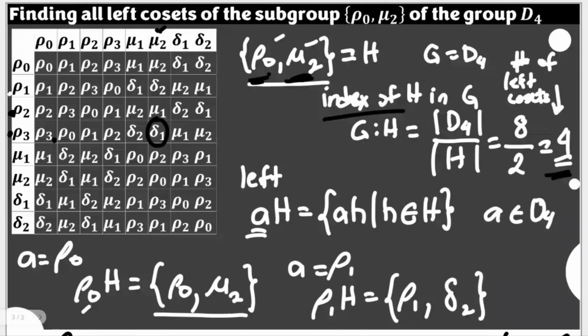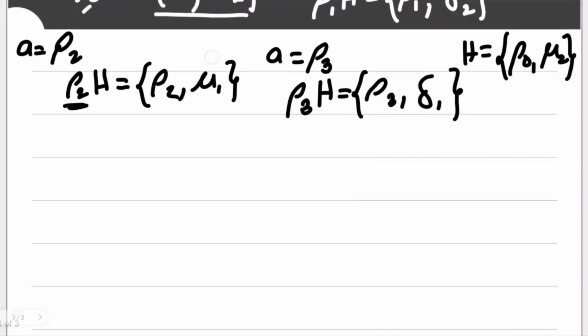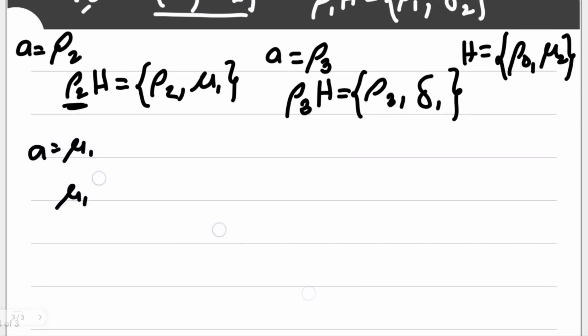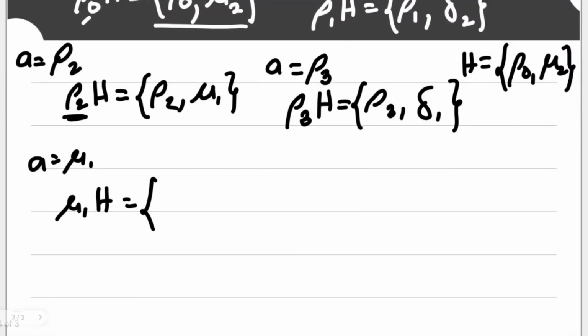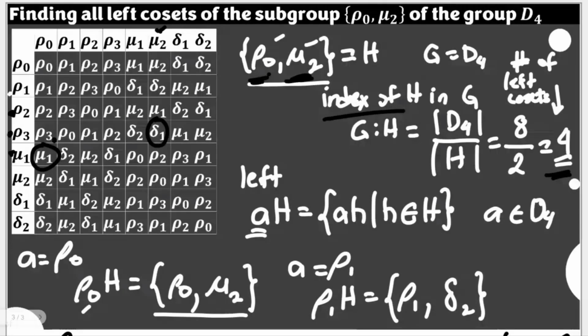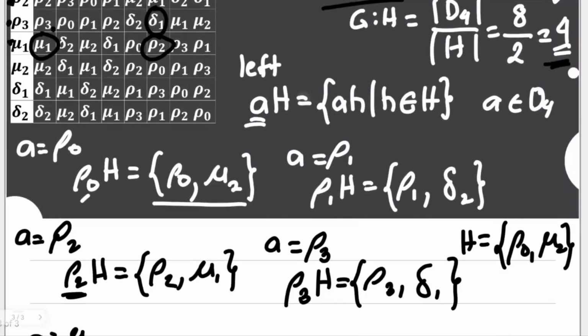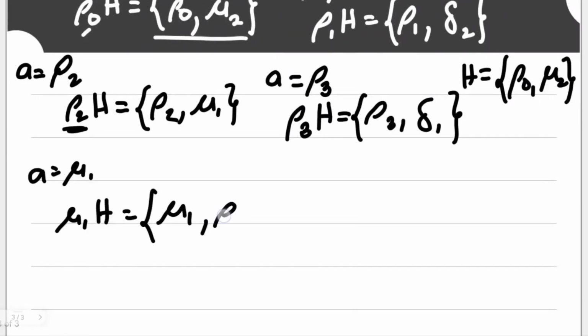What if our next A is mu sub 1, this one here? Hence, we have mu sub 1 H. If we operate mu sub 1 with rho sub 0, you have mu sub 1, right? And the second would be against mu sub 2. So mu sub 1, mu sub 2, you have rho sub 2. So this should be our fifth left coset.